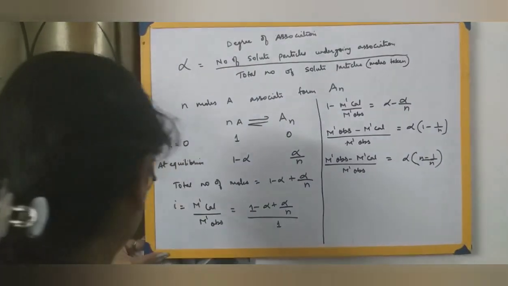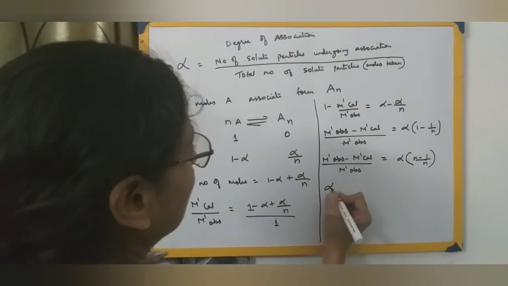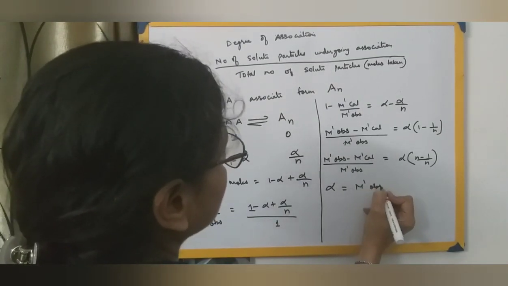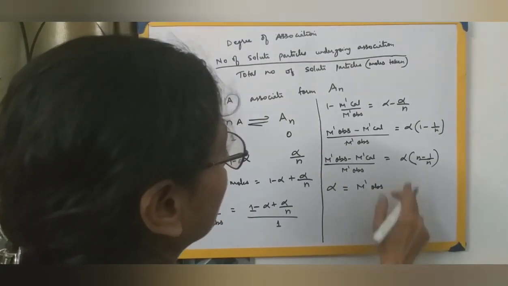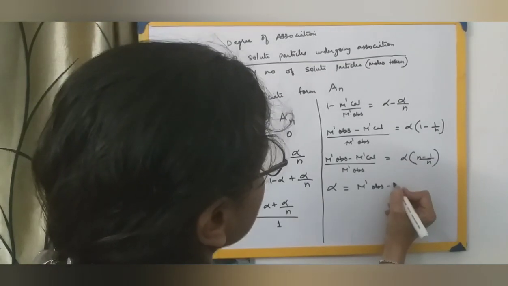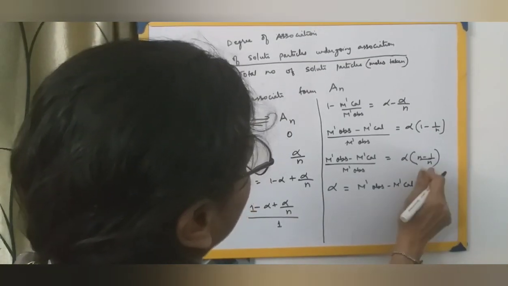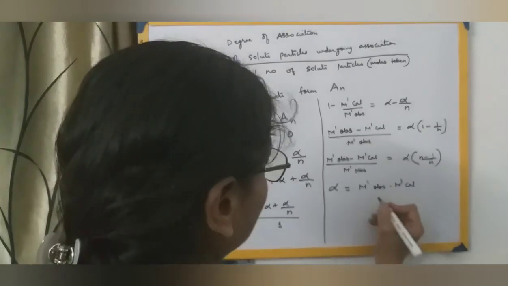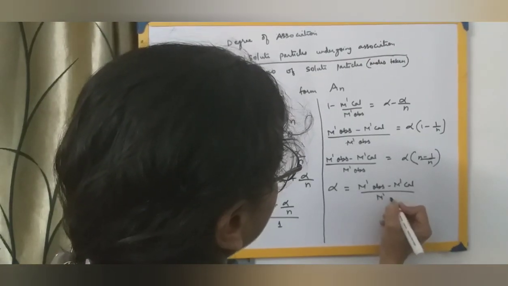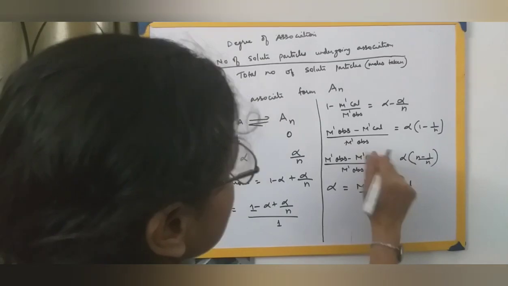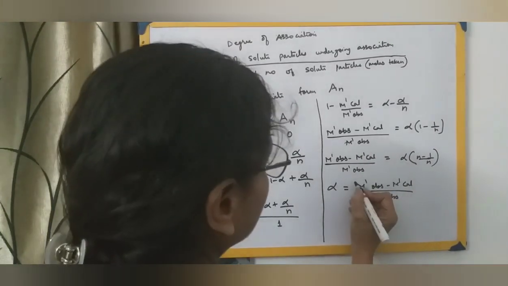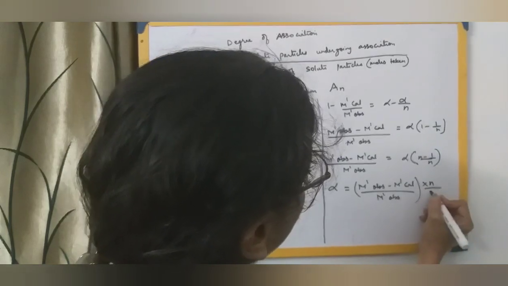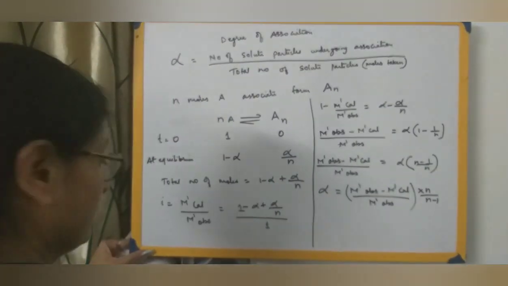Okay, so here alpha's value will be equal to M' observed. We are getting from here alpha equals M' observed minus M' calculated, the whole term, upon M' observed, into n upon n minus 1, bringing this n over here.